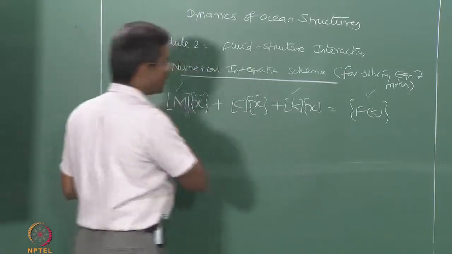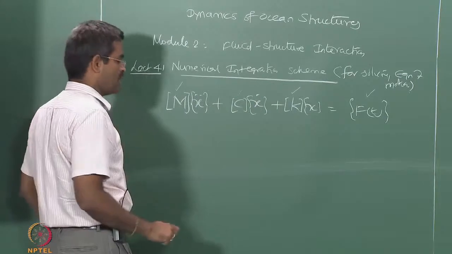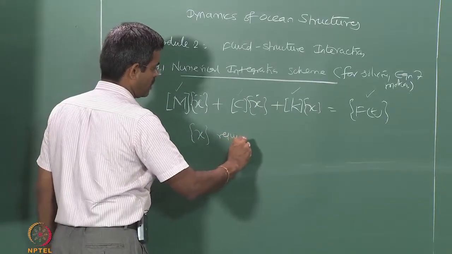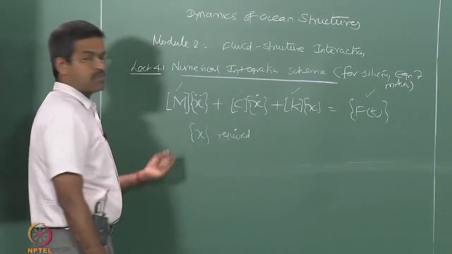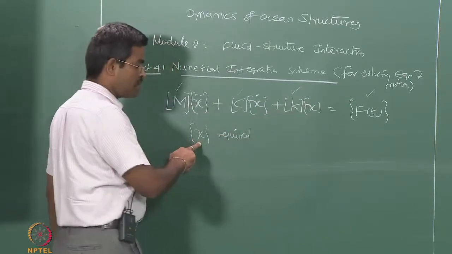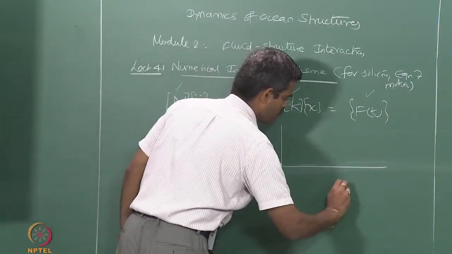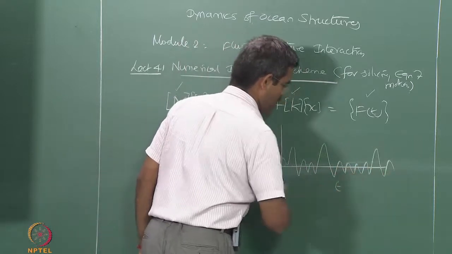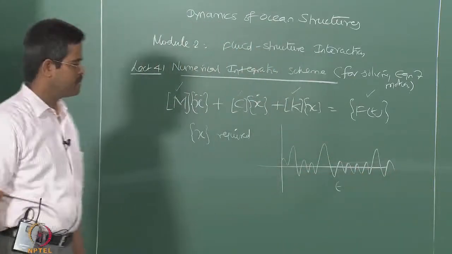Now the question is, in the entire equation of motion, you will notice that x is the one which is required to be evaluated, which is the displacement time history, because it is going to be a dynamic analysis. So I must get the variation of how the displacement varies as the time progresses.